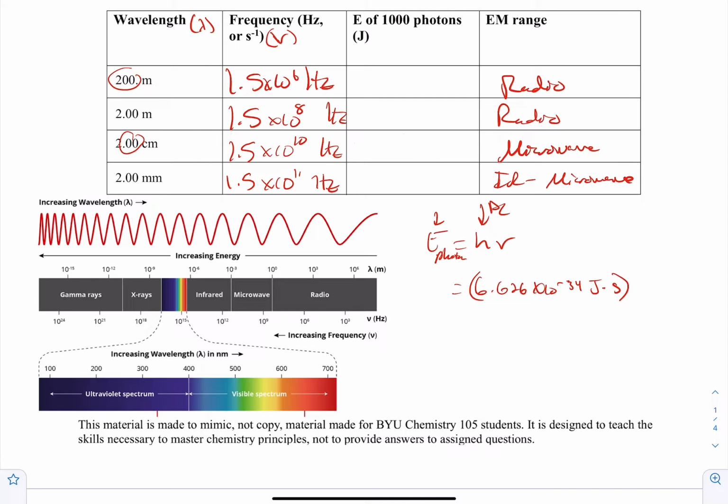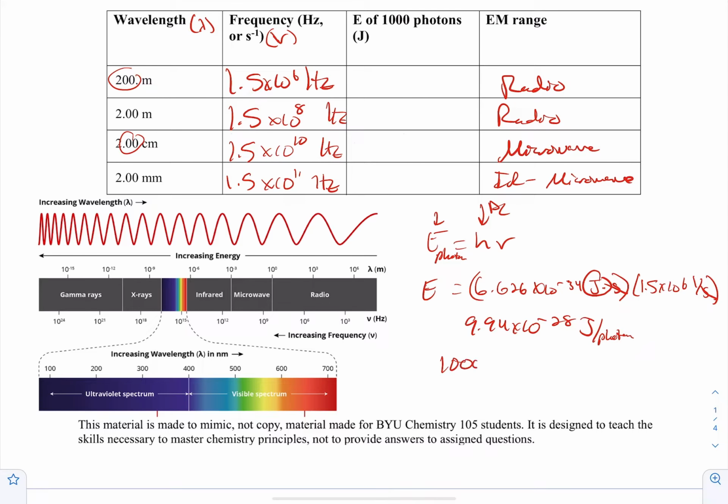In this case, we're multiplying it by 1.5 times 10 to the 6th, and this is 1 over seconds, right? Look at that, my seconds cancel, they're on the opposite ends of the fraction, and I end up with joules, which is what I want because that's what energy is. So when I do that, I actually get 9.94 times 10 to the negative 28th joules. But this is for 1 photon, per photon.